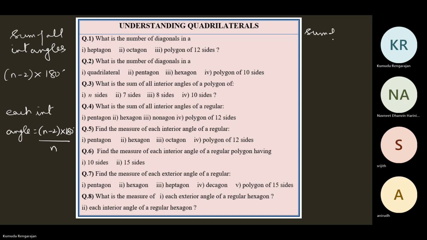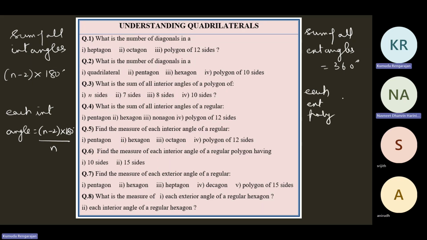Sum of all exterior angles is equal to 360 degrees. Each exterior angle, in the case of a regular polygon, is 360 by n.